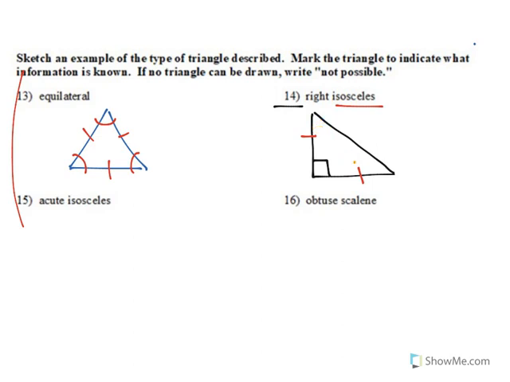Here, you notice that this angle corresponds to this tick mark, same as this angle, right? This one is indicating that that angle is opposite. So if I have 2 congruent sides, I must have those corresponding angles be equal as well. So that would be a nice sketch of a right isosceles.